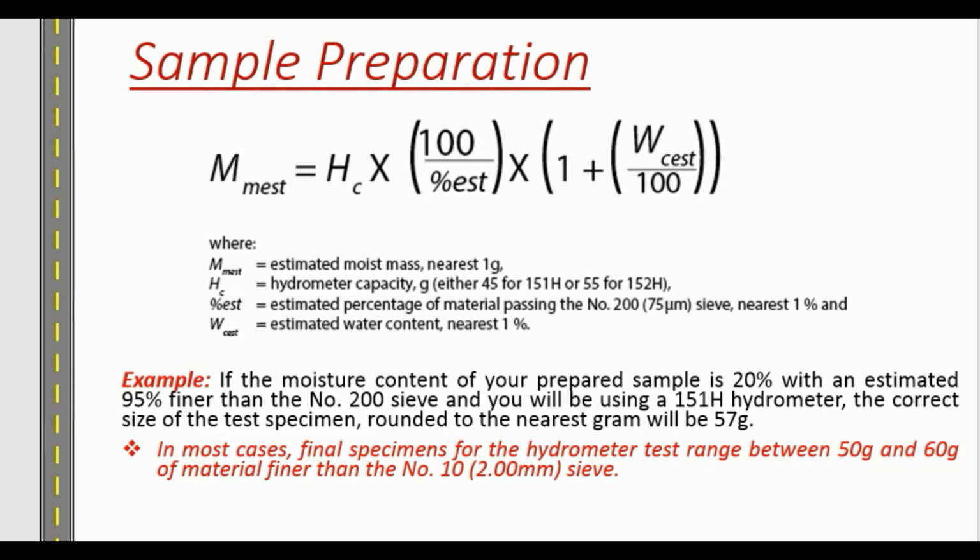M moist is equal to HC times 100 divided by the percentage estimated passing number 200, times 1 plus W divided by 100, where W is the moisture content to the nearest 1%, and HC is the hydrometer capacity, that is 45 for 151H and 55 for 152H. There is an example provided for the determination of the moist soil sample mass.